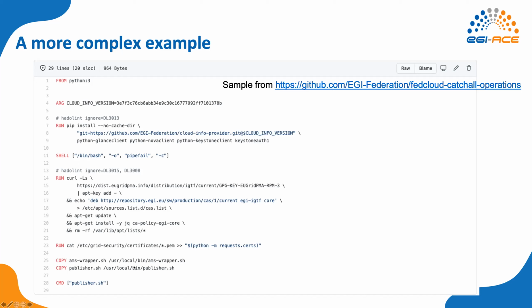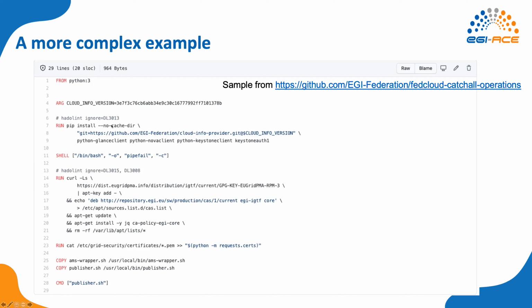It's copying some other files and so on. There are lots of different kinds of commands that you can add in the Dockerfile. Here you have some examples, but there are multiple more. And there's lots of documentation and lots of examples in the Docker pages, so I would suggest checking that or asking if you have any questions.